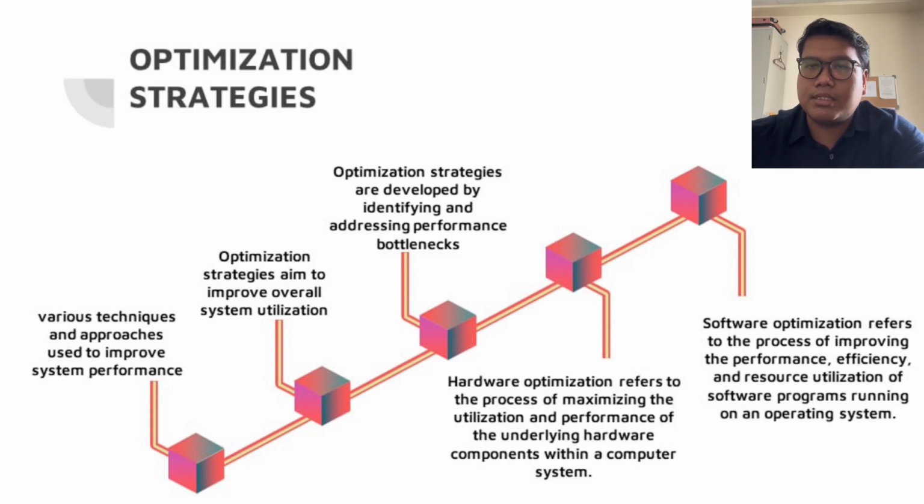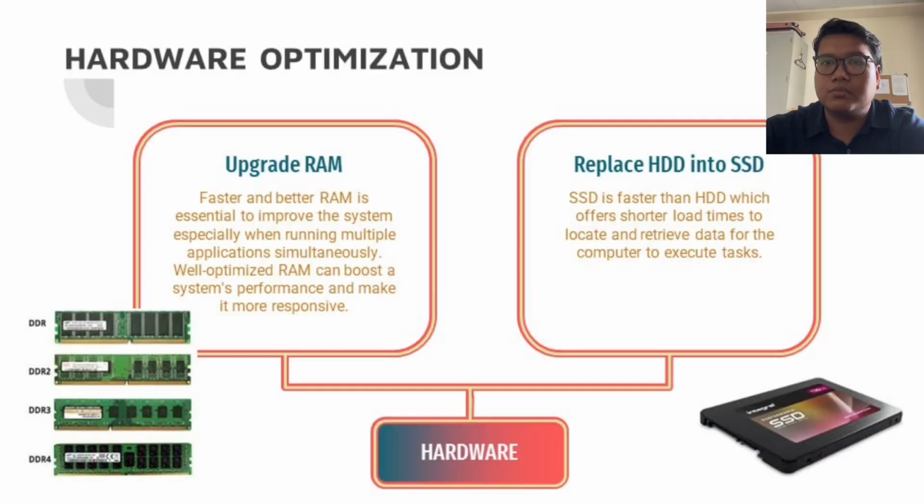Hardware optimization in operating systems refers to the process of maximizing the utilization and performance of the underlying hardware components within a computer system. Software optimization refers to the process of improving the performance, efficiency, and resource utilization of software programs running on an operating system.